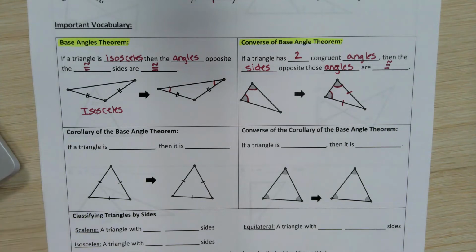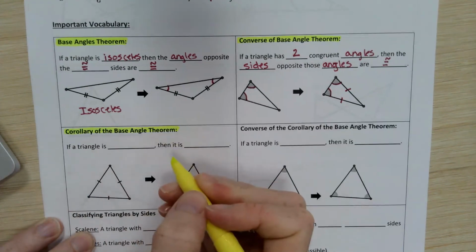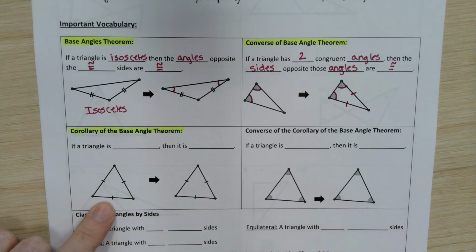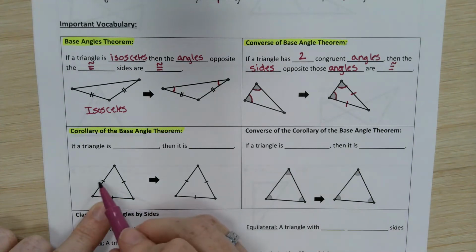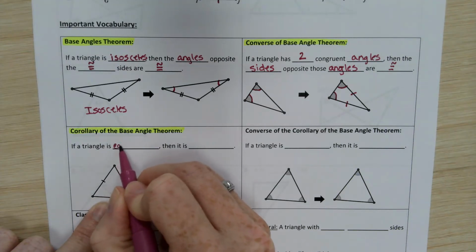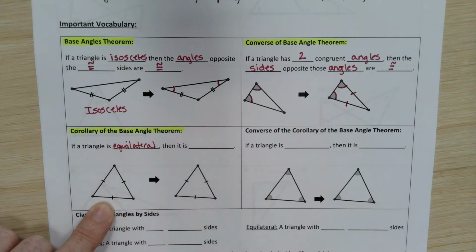And then we have what's called a corollary of the base angles theorem. That's an idea that's related to the base angles theorem. This related idea starts by showing us three sides that match. So we called that earlier today equilateral. That was one of our new vocabulary words up top in our ABC examples.